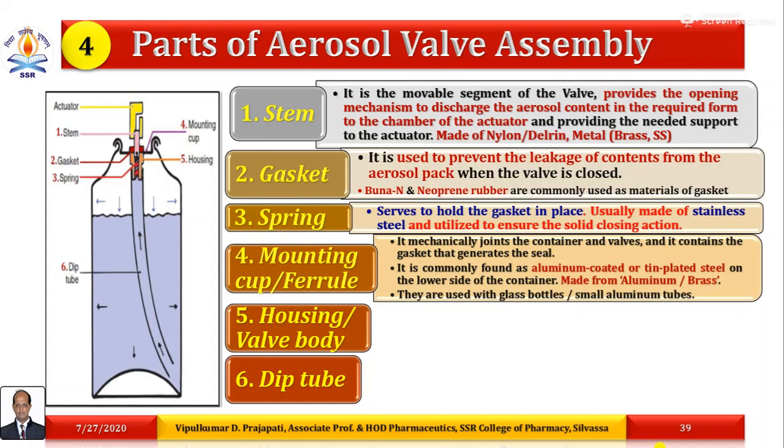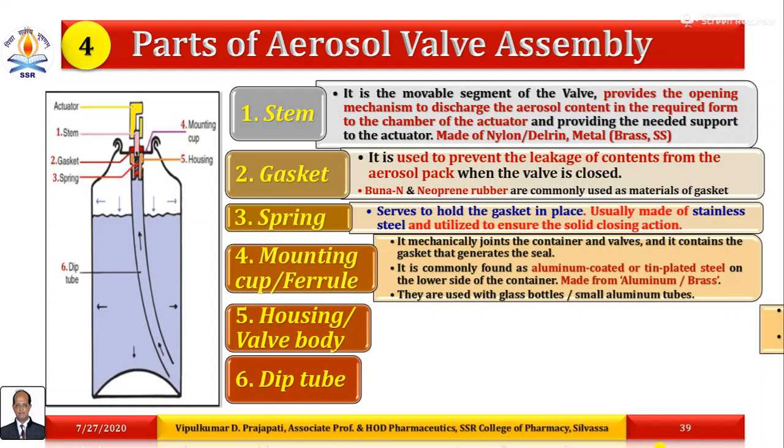It is commonly found as aluminum coated or tin plated steel on the lower side of the container. It is made from aluminum or brass type soft metals. They are used with glass bottles or small aluminum tubes.